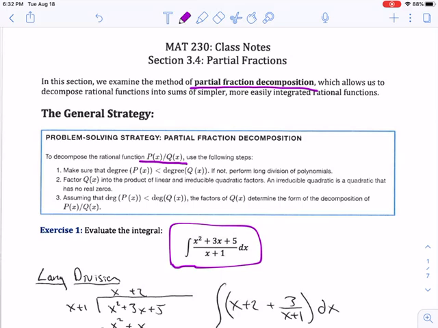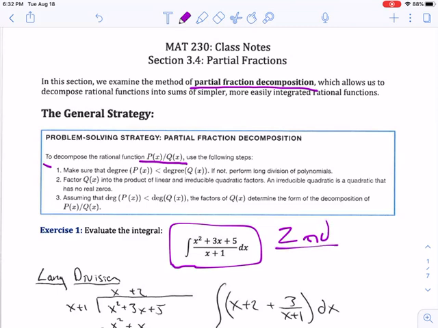So the procedure here is really not too complicated. Step one is to make sure that the degree of the polynomial P of X is less than the degree of the denominator Q of X. So if we look at example 1, the numerator is a second degree polynomial, a quadratic.